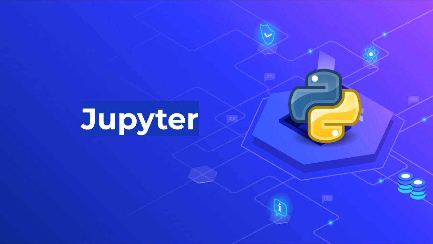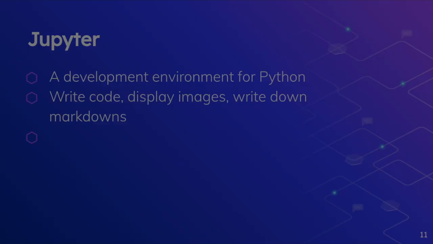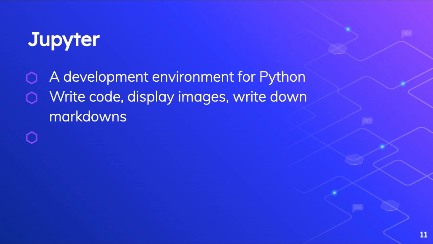Now, what is Jupyter or Jupyter Notebook? So Jupyter Notebook is a development environment for Python, short for IDE, Integrated Development Environment. So what you do in Jupyter is basically you write code, and those code can display images, and also with code you can do markdowns.